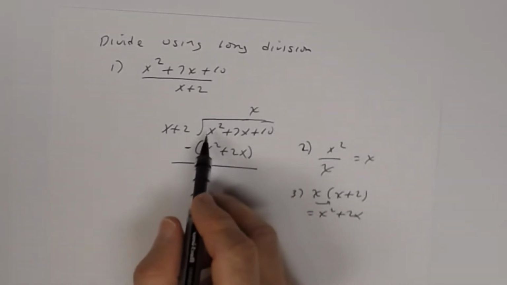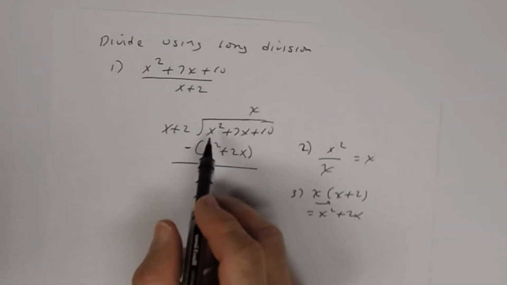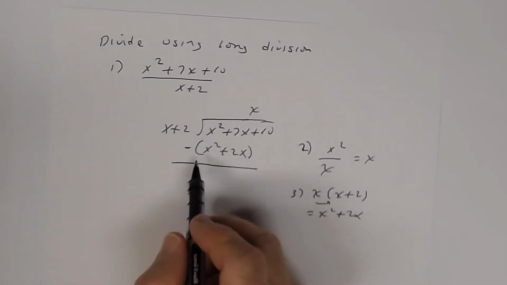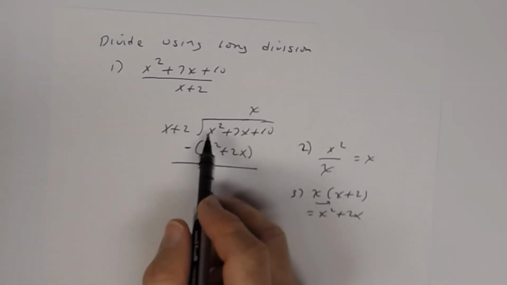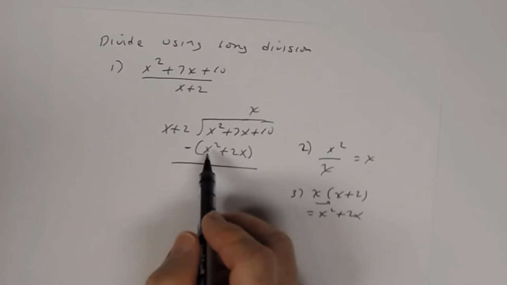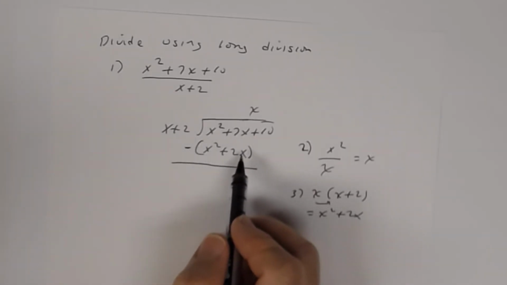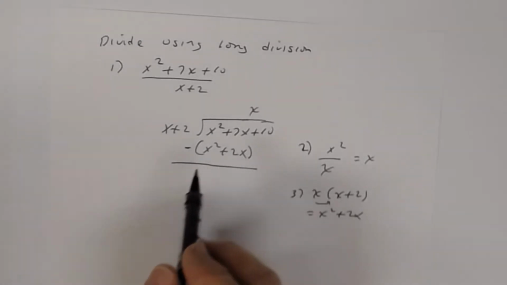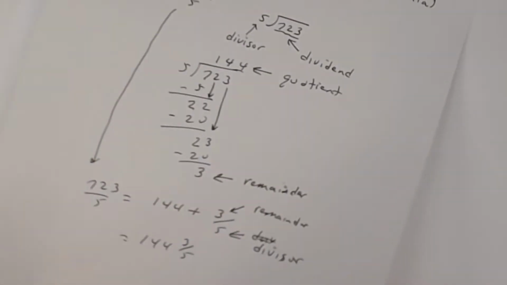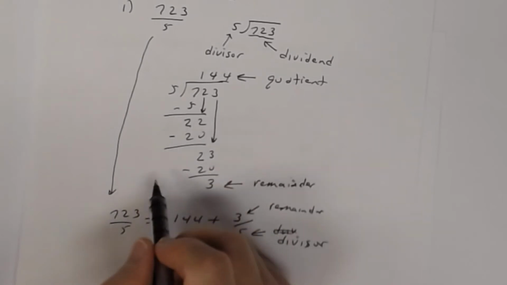And when I subtract all of that, you're going to do this mentally. And I want you to think about this. You're saying x squared subtract x squared, right? And then you're going to say 7x subtract 2x. Just like you did this. You said 7 subtract 5, right?